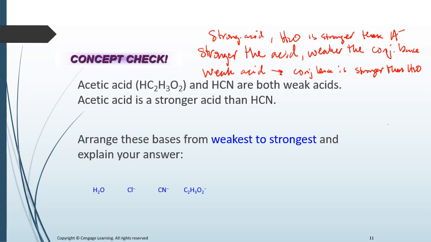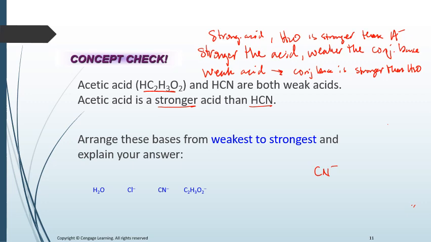So as we look at this here, again, knowing that the acetic acid is stronger than the HCN, that would tell me that the acetate ion is weaker than the CN-. So the CN- out of these choices is going to be my strongest. Sorry, my stylus wasn't showing up.